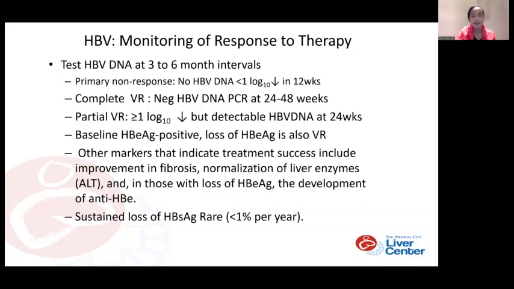But because DNA might not be widely available for us, other markers that indicate treatment success include improvement in liver disease or fibrosis, normalization of your liver enzymes, your ALT, and in those with loss of HBe antigen, the development of anti-HBe.